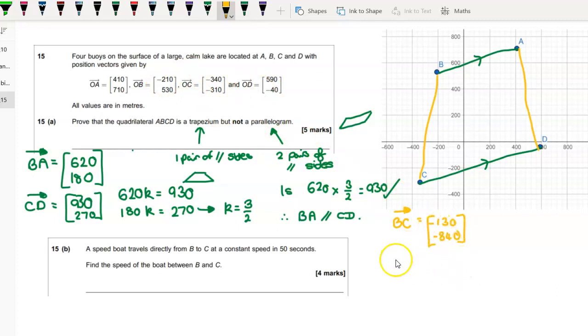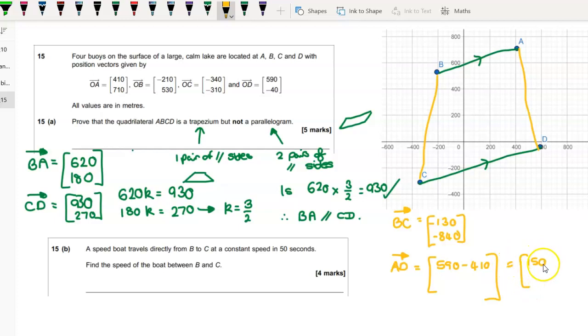Okay, and then you work out vector AD. So the vector AD, you're going from D, which is 590, 410.